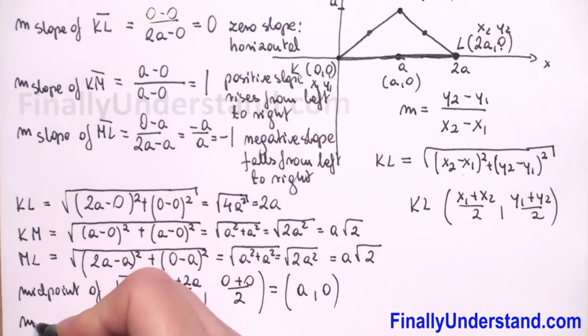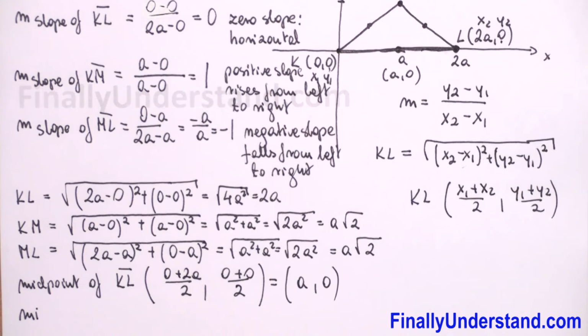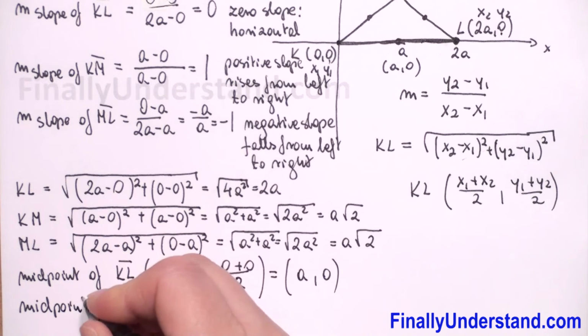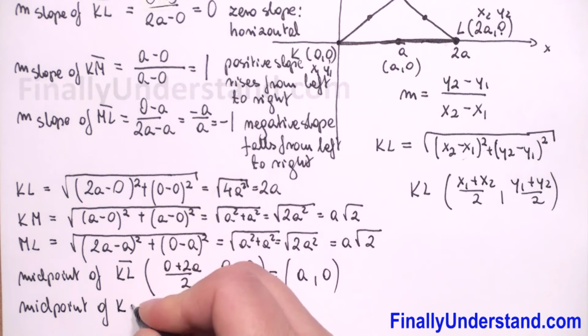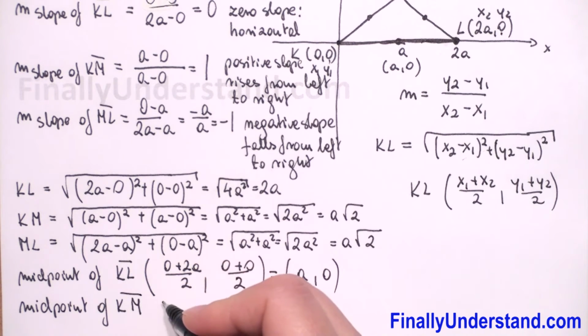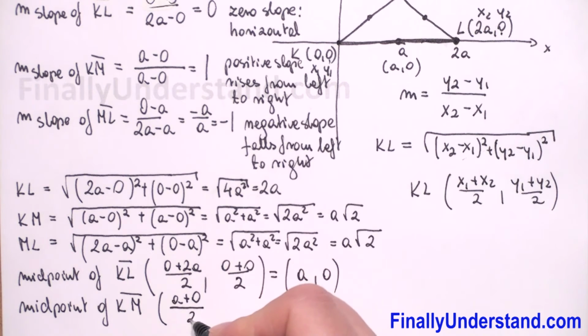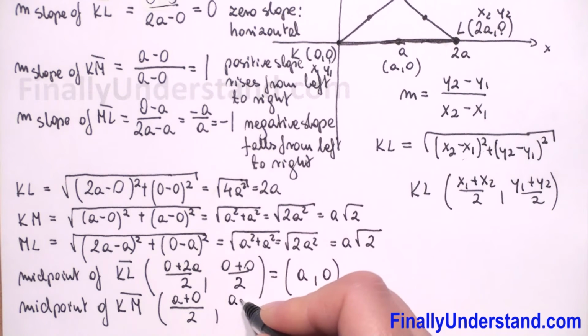And midpoint of KM segment will be a plus 0, or 0 plus a will be the same, over 2, and second is a plus 0 over 2.